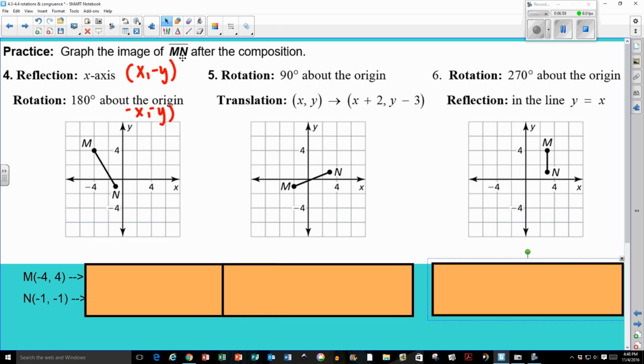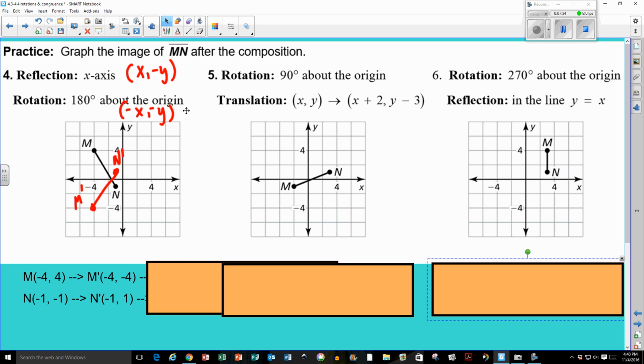So you have your original, and then they flip over the x, so the x stays the same, -4, and then the y becomes -4, so there would be M prime, -1, and then the y would come up here because it would become +1, so that would be M prime, N prime. And then to rotate it around 180 degrees, it's going to have to rotate around. So now they stay the same order.